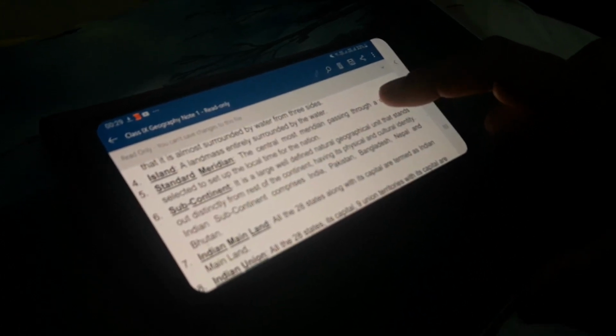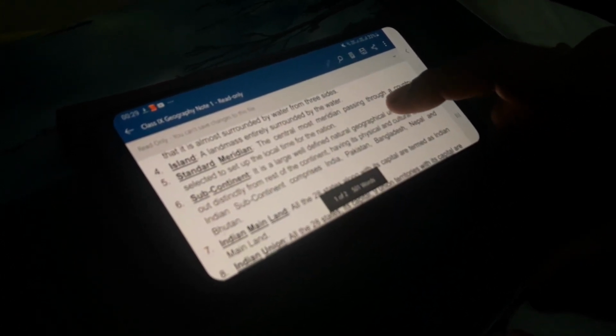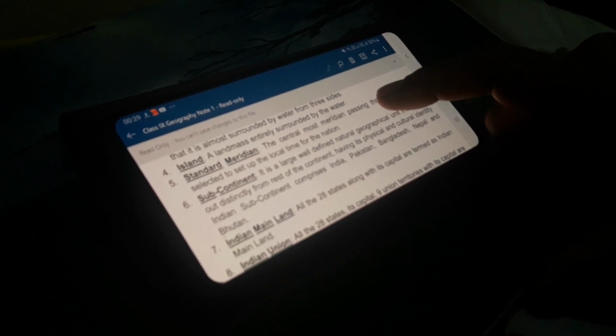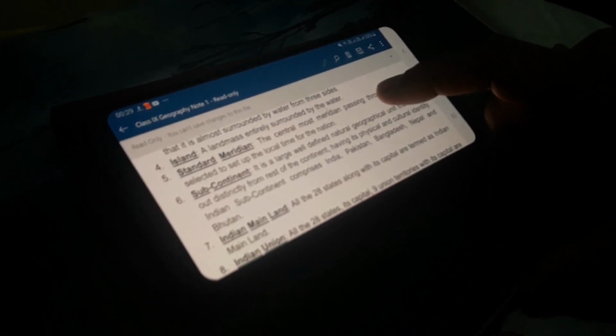Next, standard meridian. Now before going to this, meridian means longitudes. Why are longitudes termed meridian? The word meridian means midday.